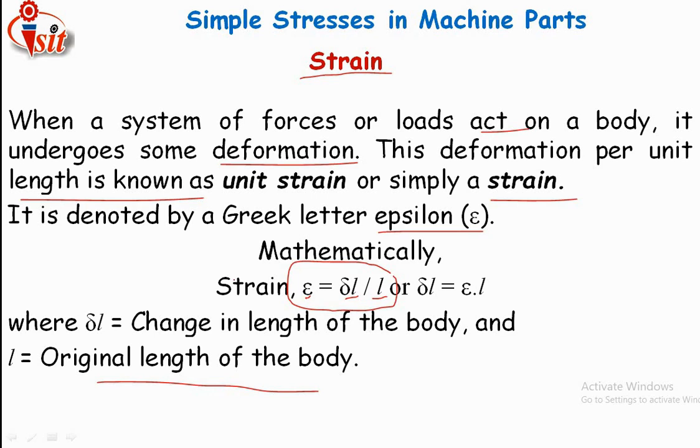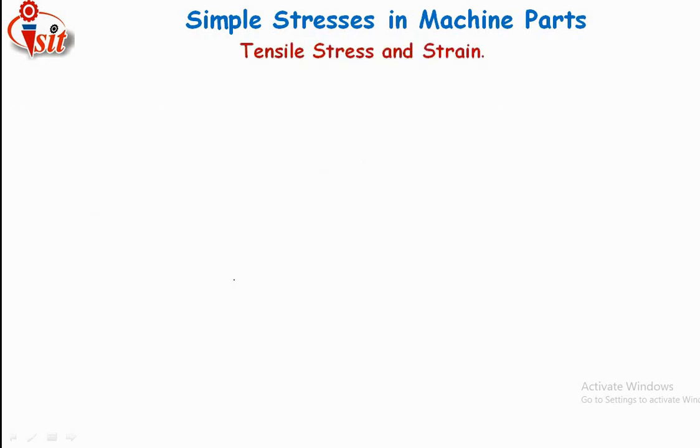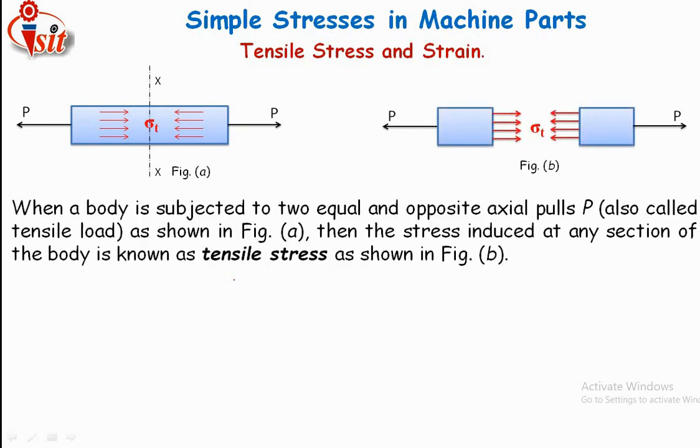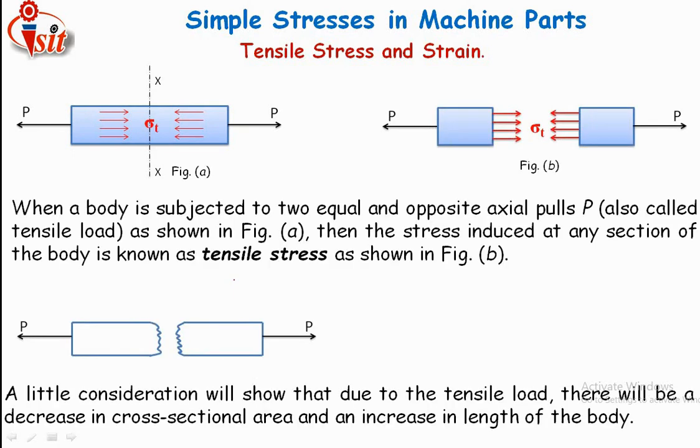So we have seen the concept of stress, we have seen the concept of loads. Now let's move towards the types of stresses. Due to the application of force on the body, there is induction of stress, which we have seen in the last slide.